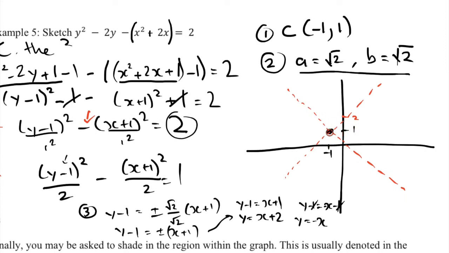So instead of adding the a value, you add the b value instead to the y value. So just think of it as vertical, everything vertical. So 1 plus root 2 and 1 minus root 2. Root 2 is bigger than 1, so it should be below the x-axis. And you can just sketch your graph. And then you can also find your x and y intercepts if it's required.